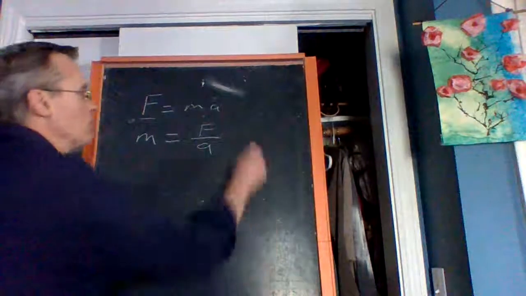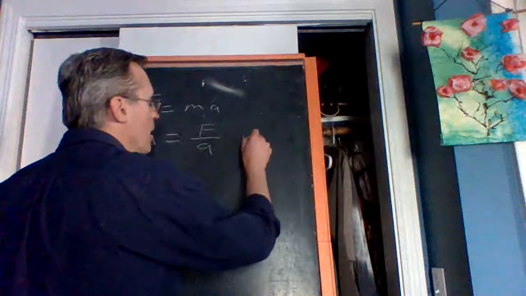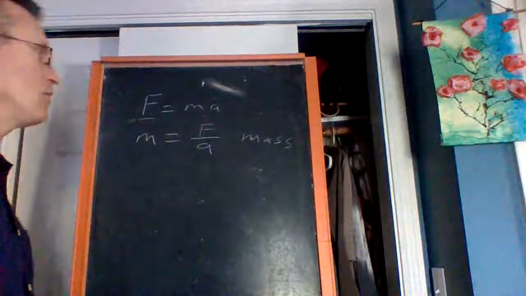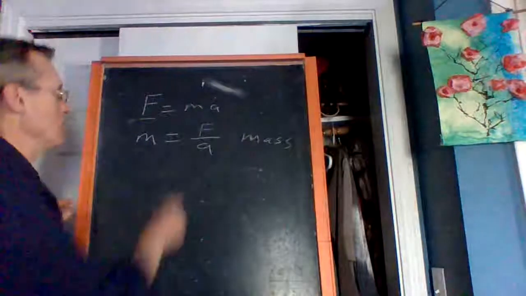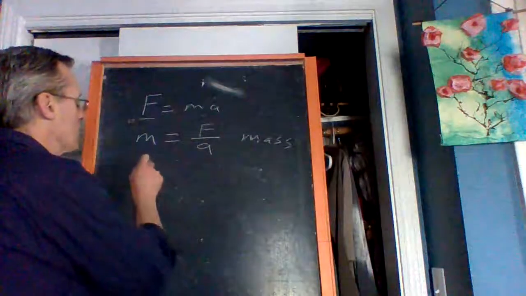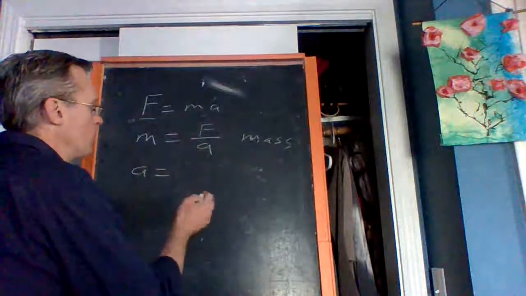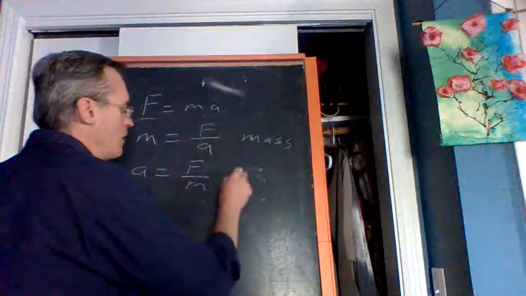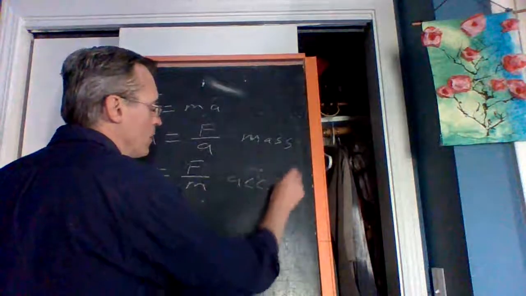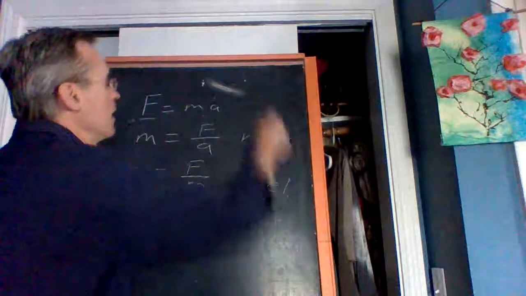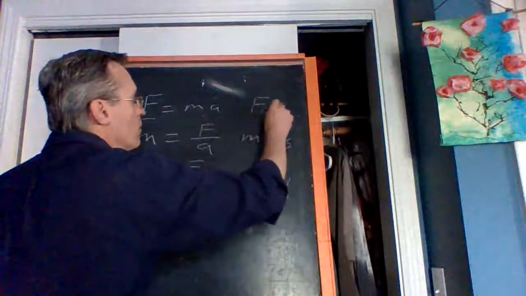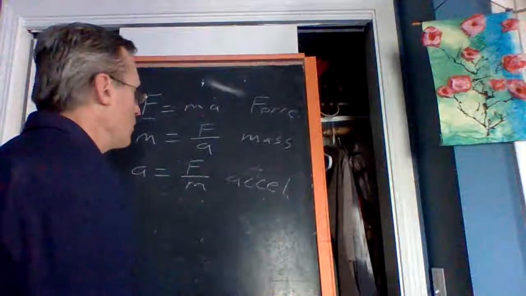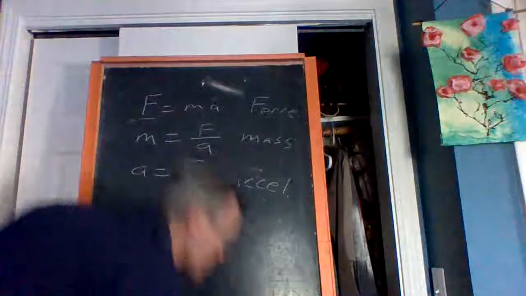If you're asked for the acceleration, a is equal to F divided by m. And you use the first version if you're asked what the force is on an object.